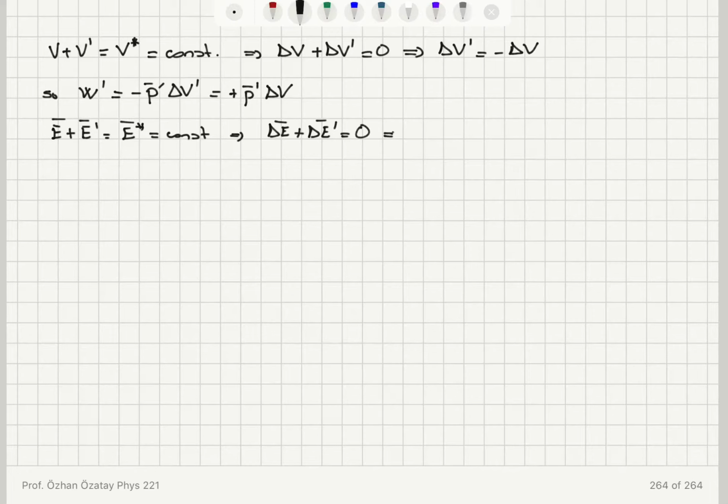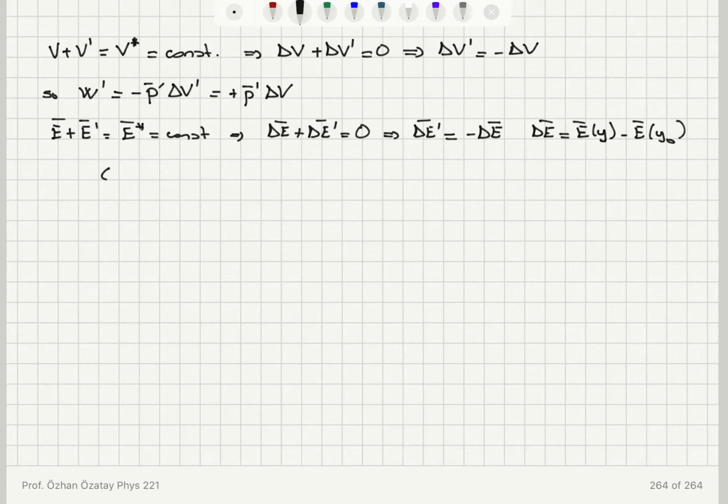So we can write delta E prime bar is equal to minus delta E bar, where delta E bar is the change in the mean energy of system A for a macroscopic parameter y having the value y0 to y0 plus delta y.